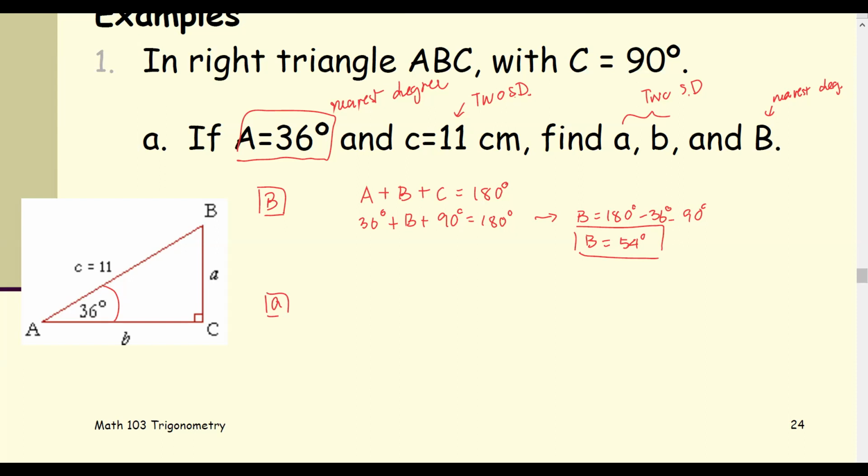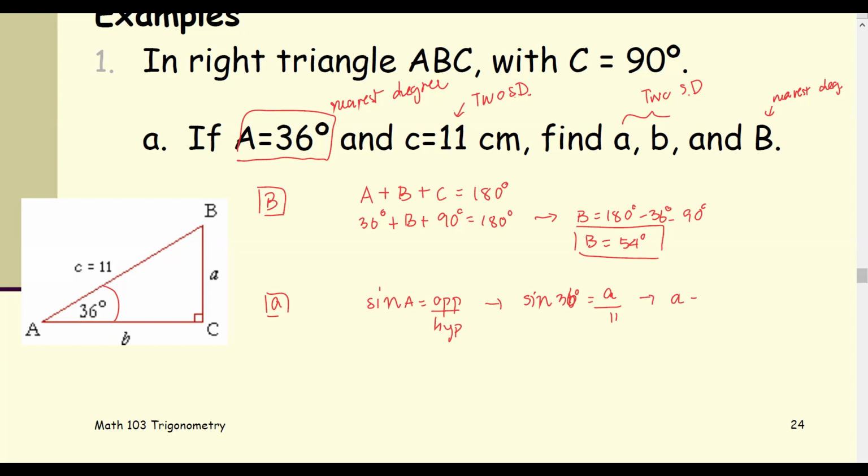Side A is opposite angle A. We look at definition 2 involving the opposite side. One of them is the sine. So sine of A is the opposite over the hypotenuse, and A is 36 degrees. So sine of 36 degrees equals the opposite, which is A, divided by the hypotenuse, which is C, or 11.